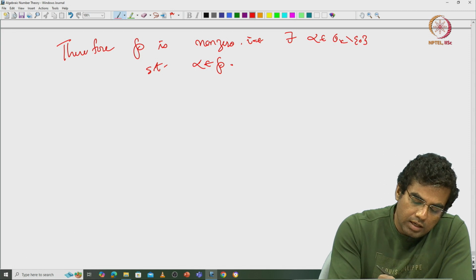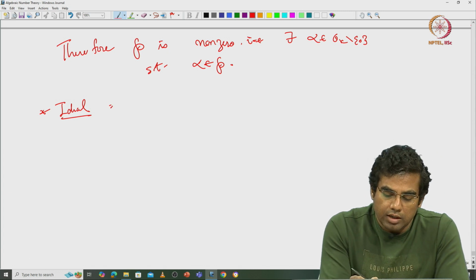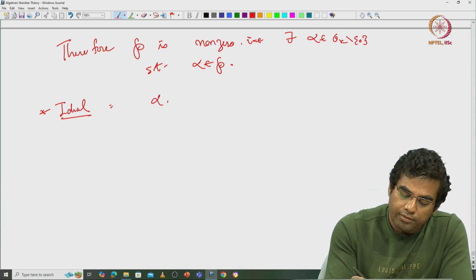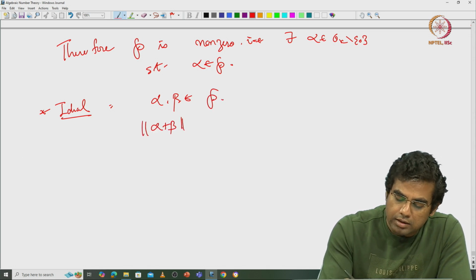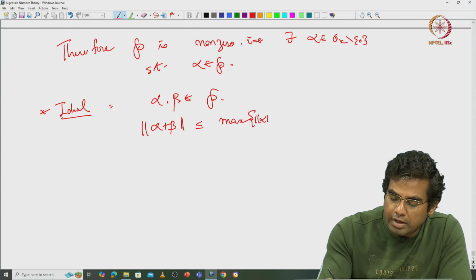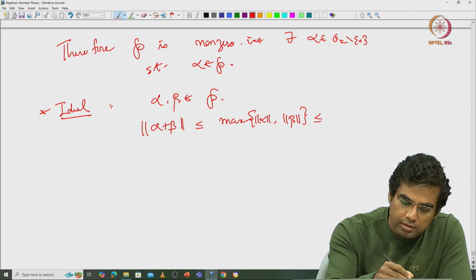Okay. The second thing is why it is an ideal. What is the definition of being an ideal? So, if alpha and beta are in P, then alpha plus beta, if you take valuation of that, this is less than or equal to the maximum of valuation of alpha and valuation of beta, which is less than 1, right.